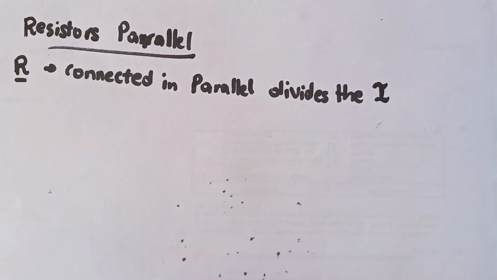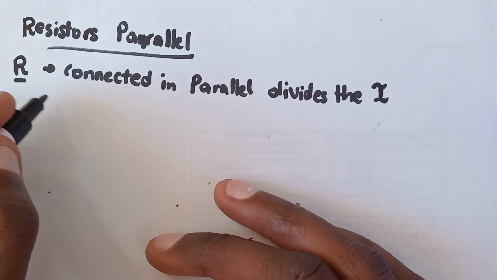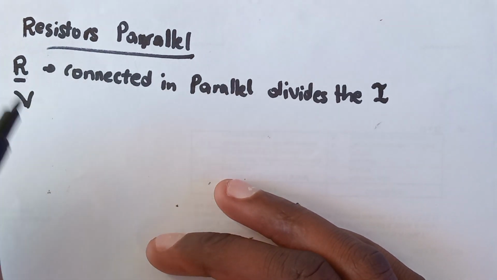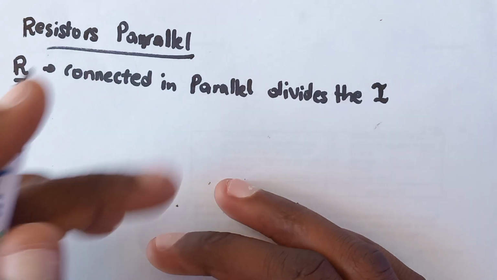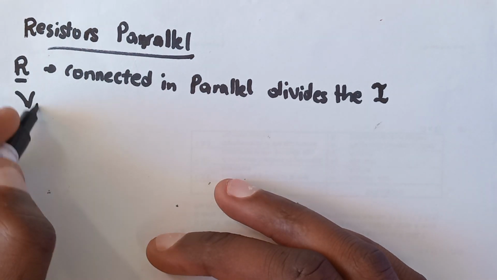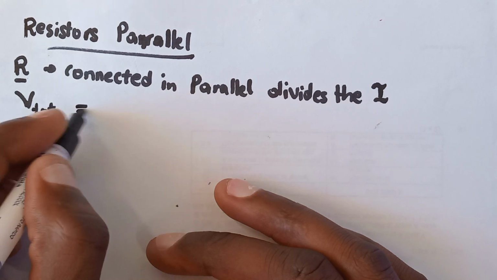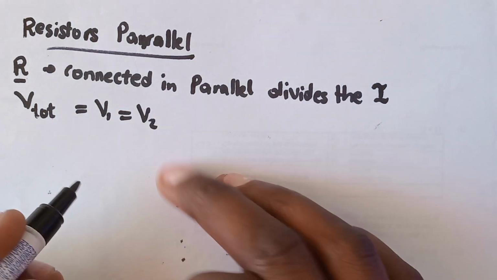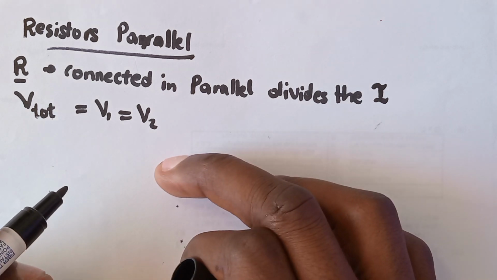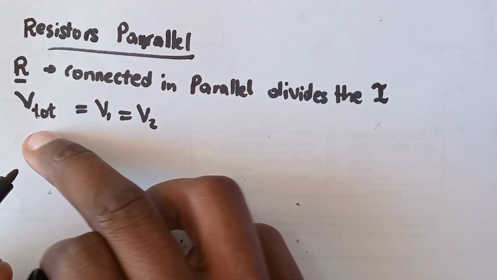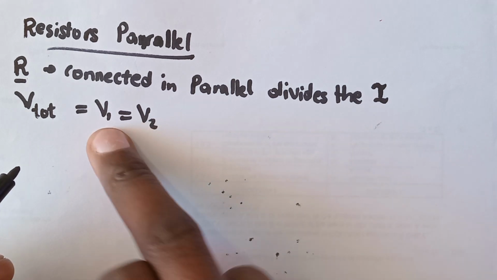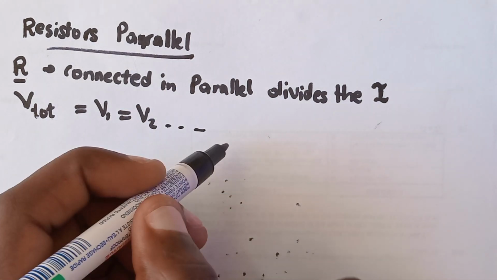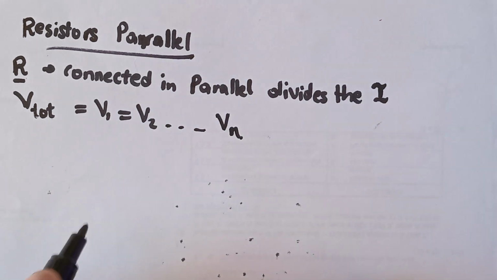Now it means that for V total, the potential difference for the circuit, V total is equal to V1 is equal to V2 for resistors that are connected in parallel. But V total is equal to V1 and V2, up until Vn.